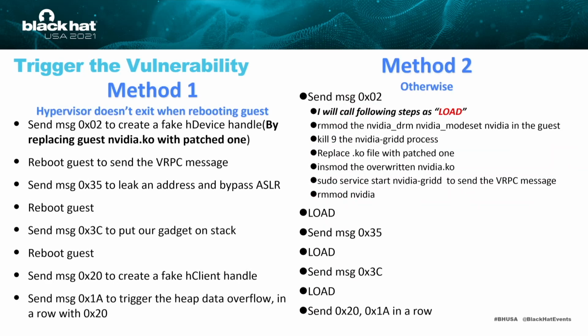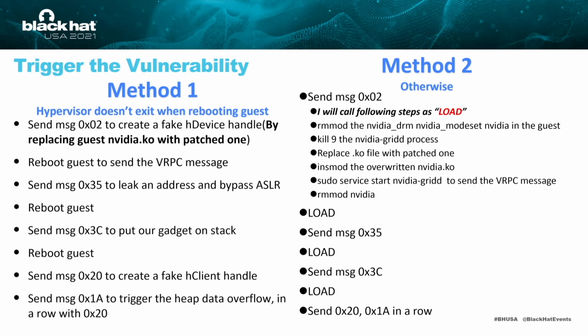When the patched guest driver is prepared, now it's time to trigger the vulnerability. I have found two different styles of hypervisors during the test. Type 1 is that the hypervisor does not exit when the client restarts, the system restarts. And type 2 is when the client restarts, the hypervisor also exits.